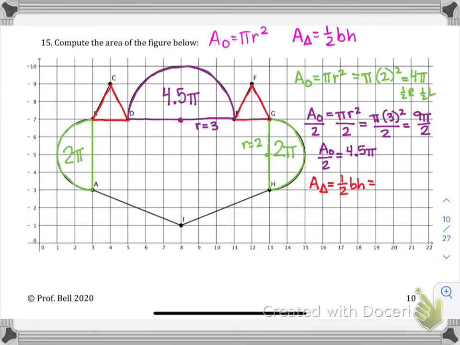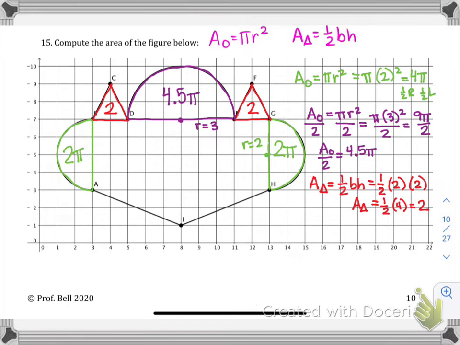The base here is 2, and so is the height for both of the red triangles. So that would be 1/2 times 2 times 2, or 1/2 times 4, which means each red triangle has an area of 2 units squared.